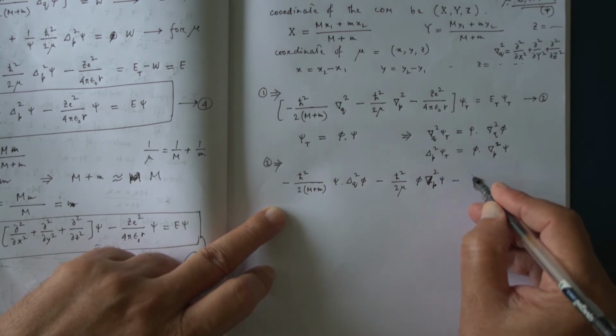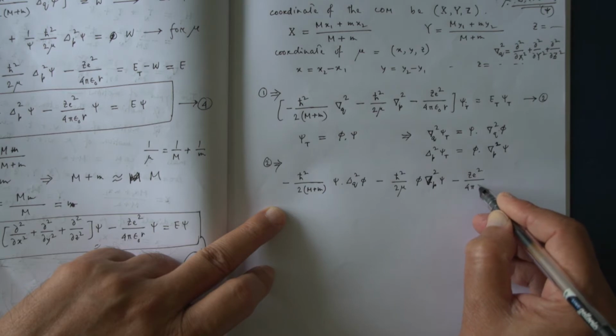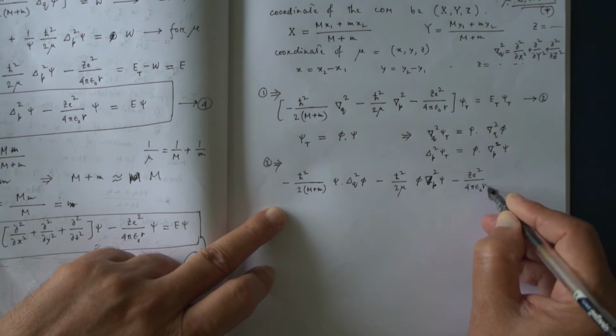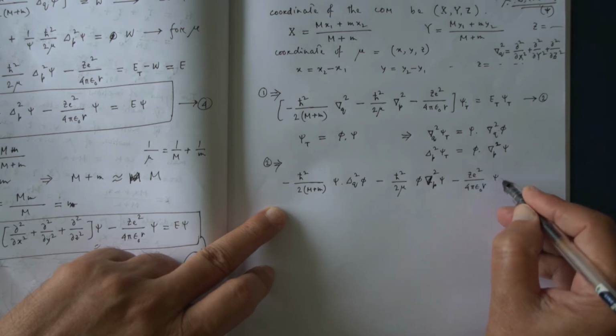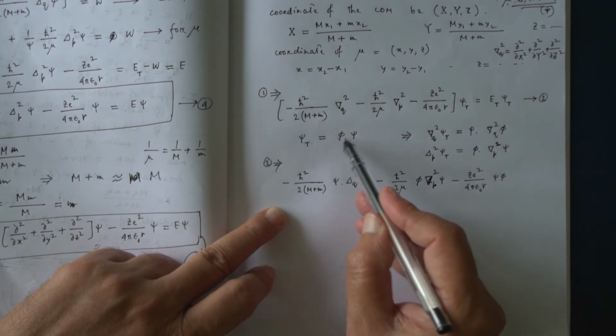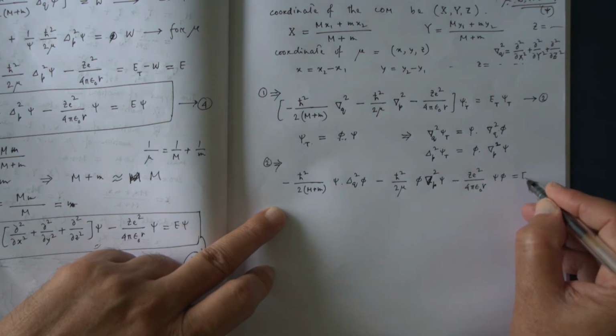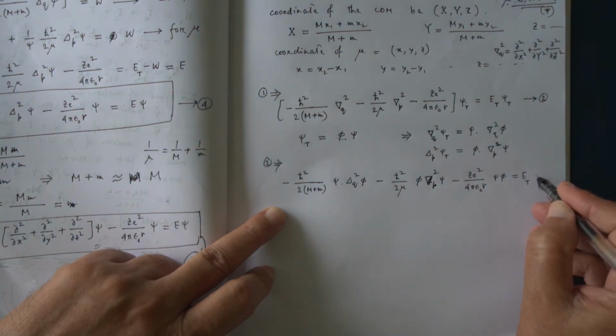Then minus z e square by 4 pi epsilon naught r psi phi. Psi t equal to this, so this equals et psi phi.